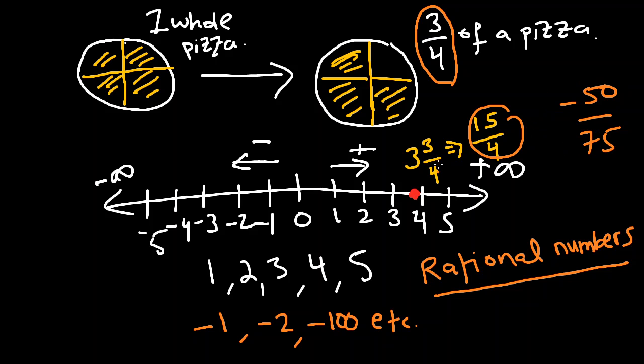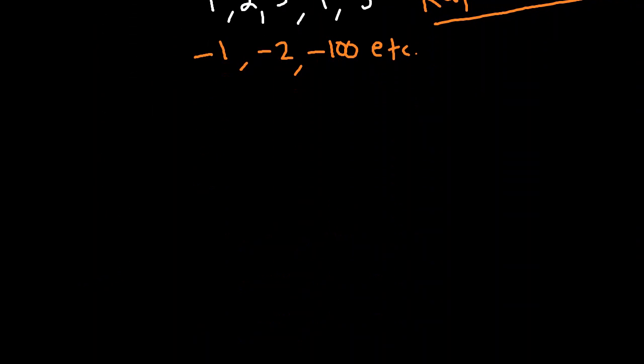One thing to note about rational numbers is that the denominator cannot be 0. Okay. So a rational number is any number that can be expressed as a fraction of 2 integers. However, the denominator cannot be 0. So for example, if we had 15 over 0, this is not a rational number.